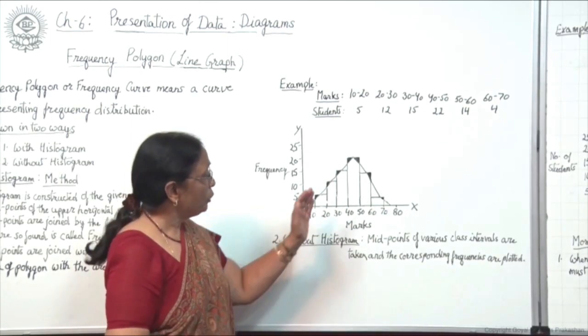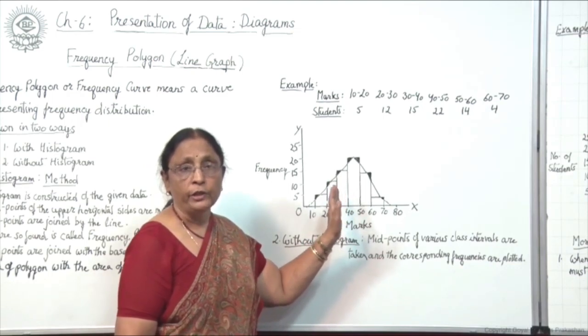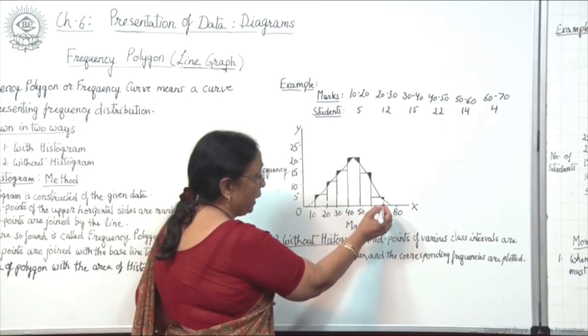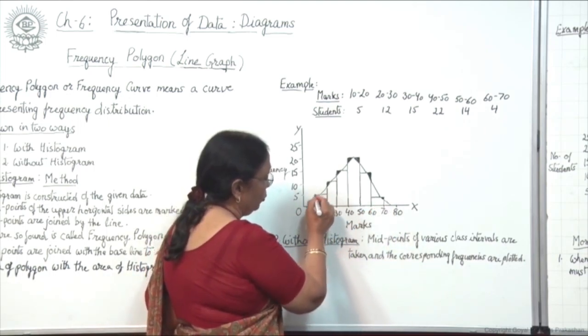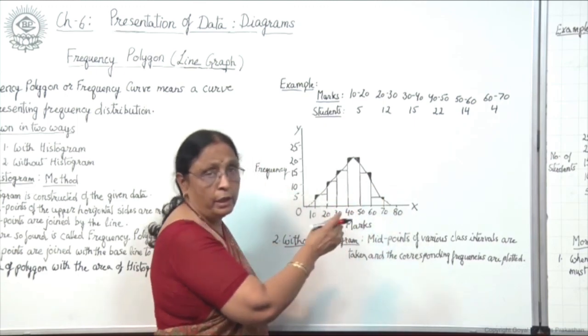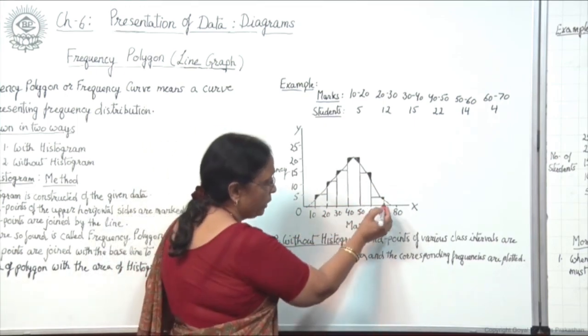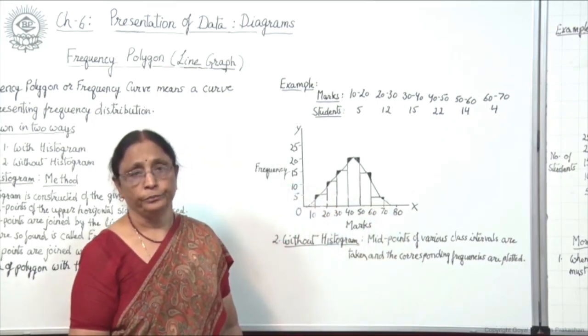That means whatever you are excluding will be equal to the area you are including in the frequency polygon, and these end points are again joined to equate the area. Whatever you have excluded, to equate the area we have joined the endpoints, so that this area is also within the frequency polygon.